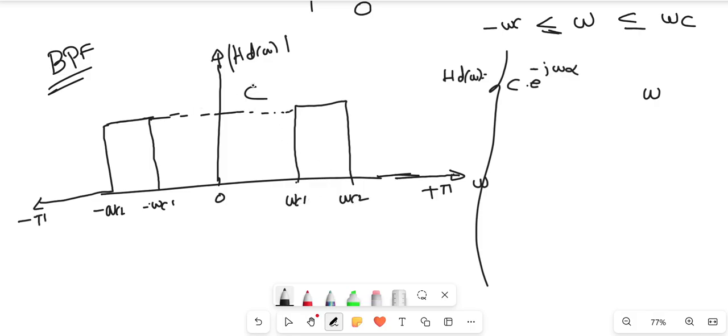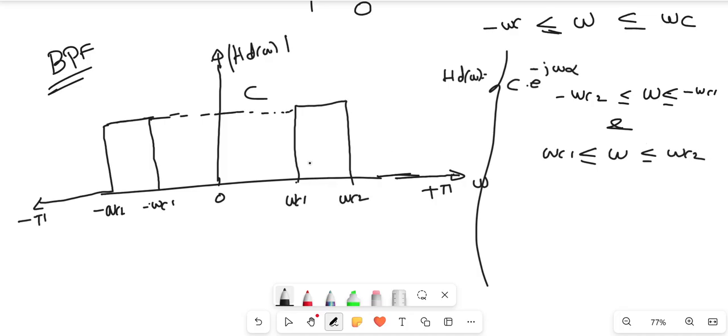So omega is greater than or equal to minus omega c2 and less than or equal to minus omega c1, and omega is greater than or equal to plus omega c1 and less than or equal to omega c2.